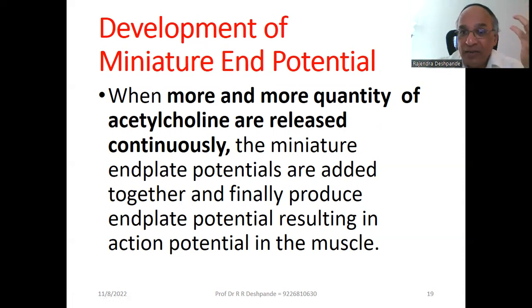Finally, that will produce the end plate potential resulting in the AP. Now, the action potential is needed in the muscle. It will begin from the nerve, and at the muscle, finally, the action potential will be developed. So the process of contraction, the actin filament theory, everything will start in the muscle. But before that, the neuromuscular junction is the previous step of the contraction.